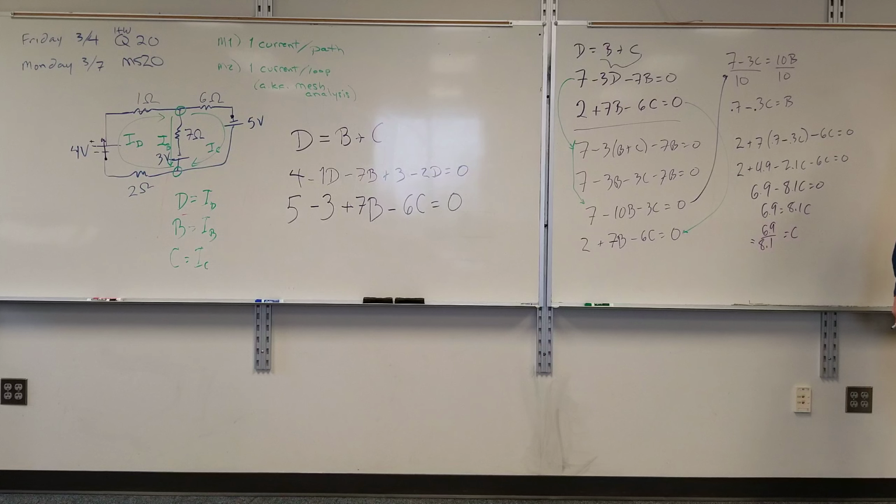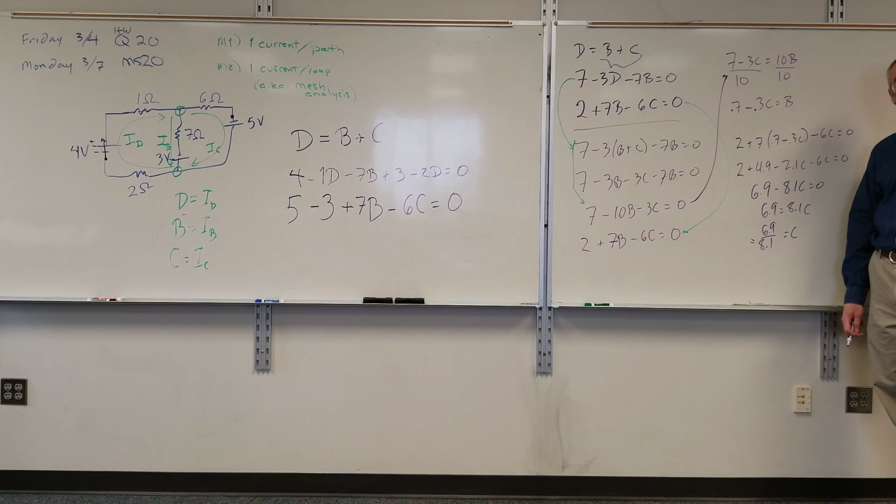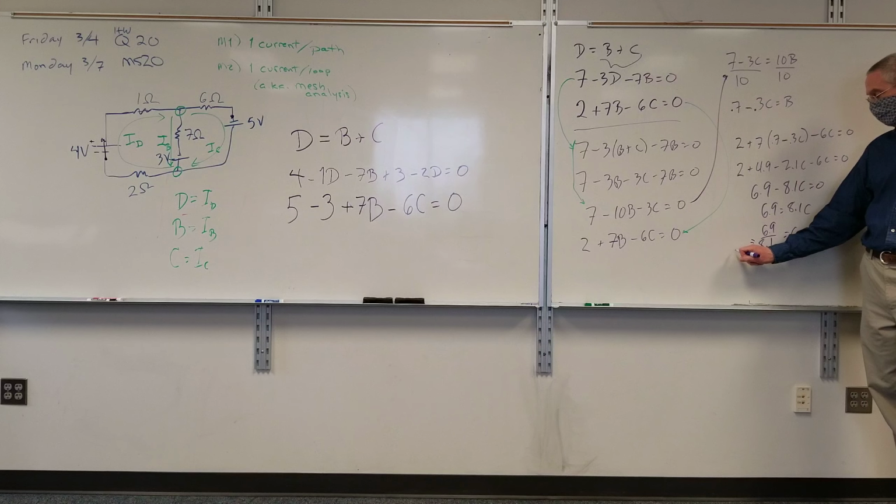Now 6.9 over 8.1 is not an acceptable final answer, because a decimal point is like a fraction bar, and I want at most one fraction bar per number, and at most one fraction bar per unit. But 6.9 over 8.1 is 0.85. 0.85?